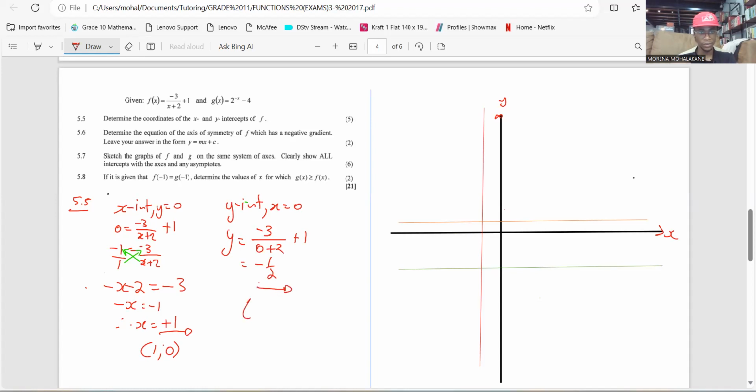So I have the coordinates, which is 0, -1 over 2. And that is it for the x-intercept and y-intercept. So always remember, where the graph cuts the x-axis is the x-intercept. Where the graph cuts the y-axis is the y-intercept.